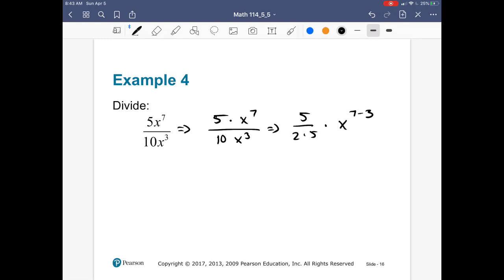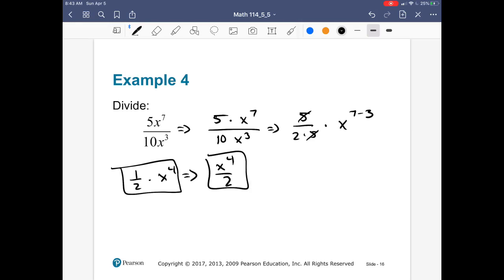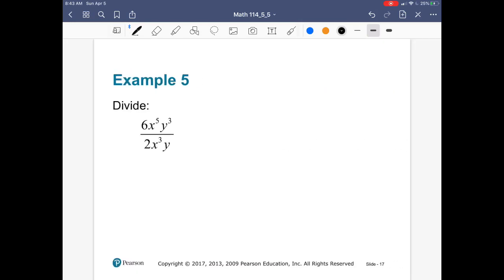Why is this happening? Because the base of x is the same. The 5's cancel, so I have 1/2 times x to the 7 minus 3, which is x to the 4th, and that's an answer. But if you want to put it together, it's x to the 4th over 2.